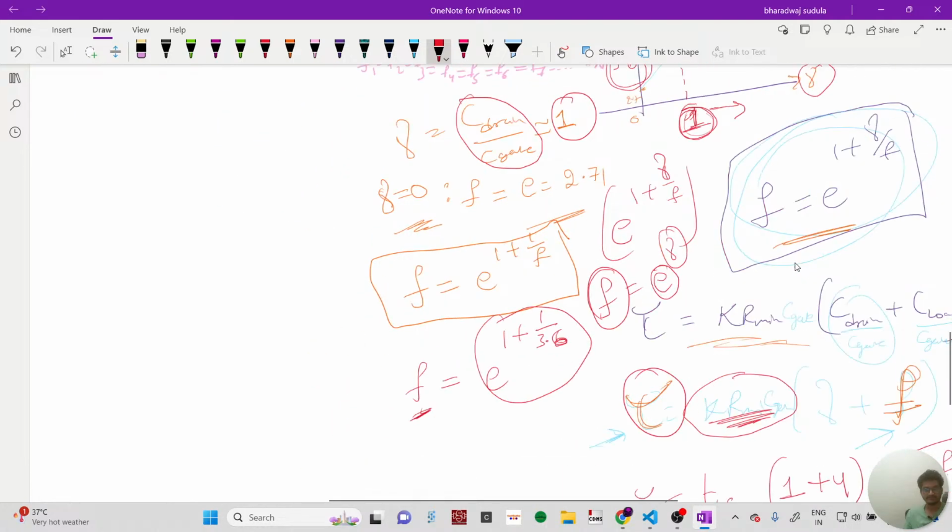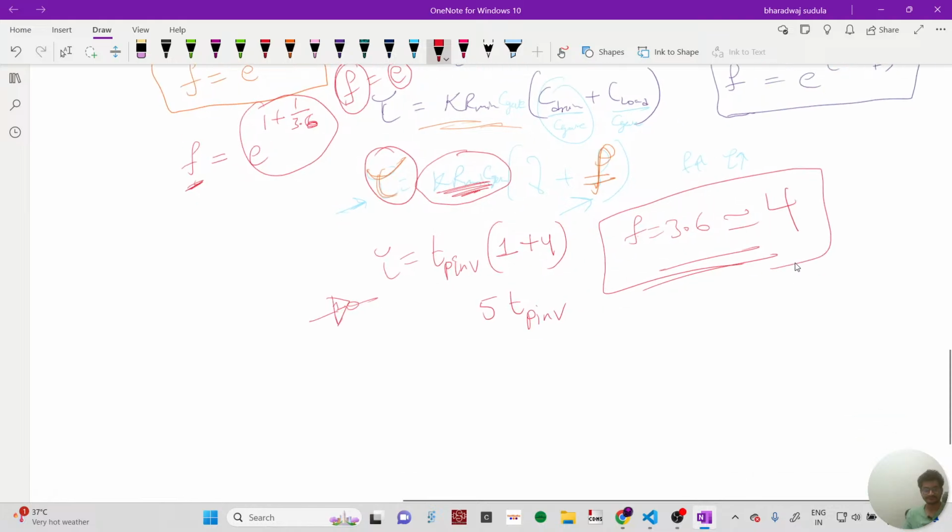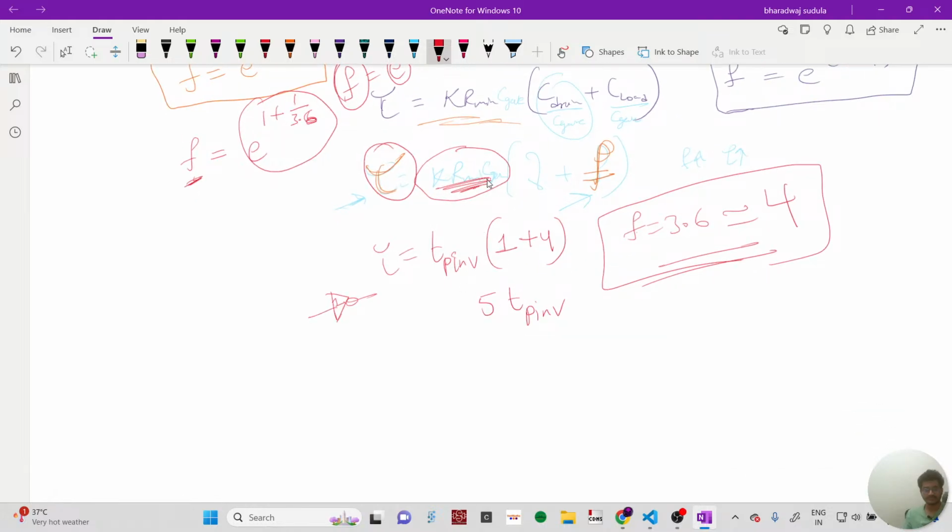So C gate is 3C. So TP inverter, tau is 5 TP inverter.